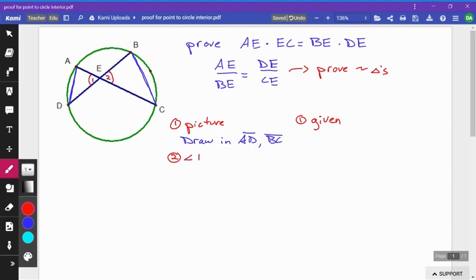So let's say that angle 1 is congruent to angle 2, and remember that is vertical angles are congruent, okay? Or you could use the vertical angle theorem, depending on what you want to write. Just don't write vertical angles, because I want to say that either the vertical angles are congruent or the vertical angle theorem. So that is one pair of angles that we know are congruent.